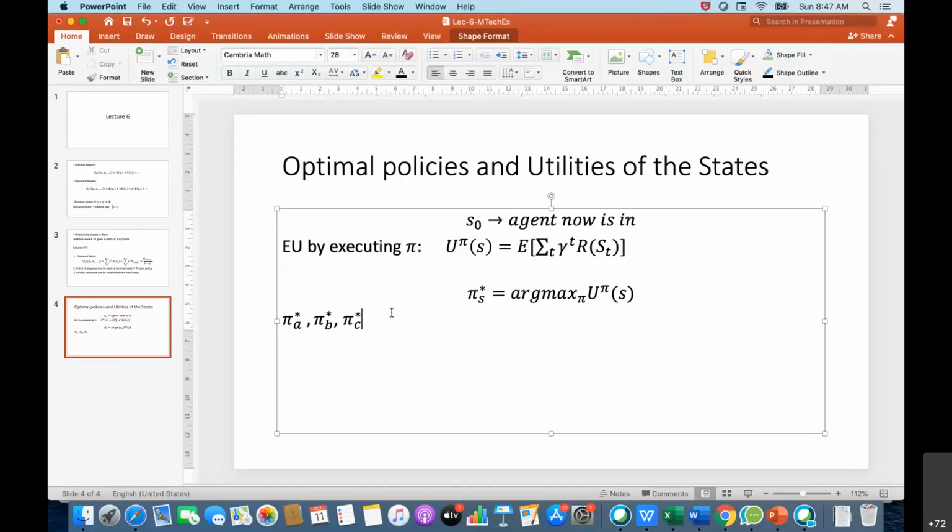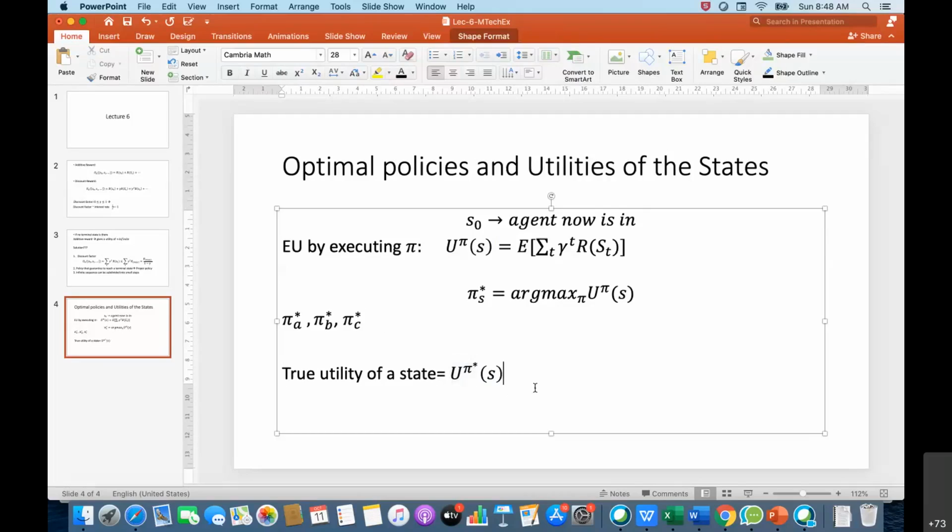Now the fact is that the true utility of a state is denoted by this notation.